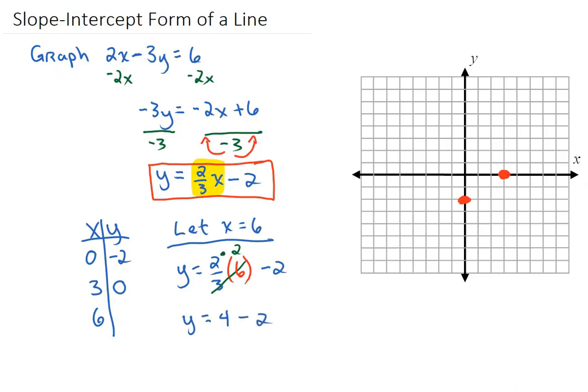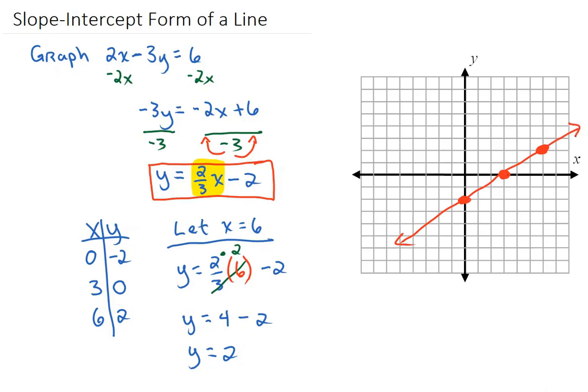So we have y equals 4 minus 2, or y equals 2. Now I'll plot that point as well on the graph. Okay, now we have enough points. We can draw in our line, sketch that in, go past our points a ways and put arrows.